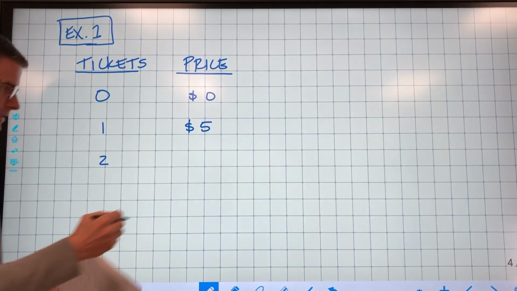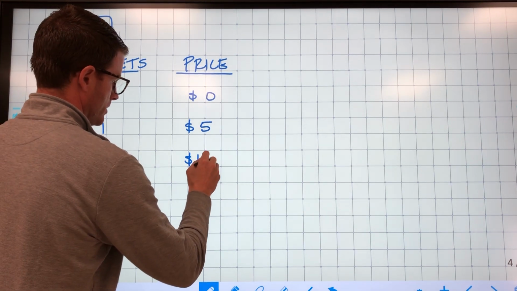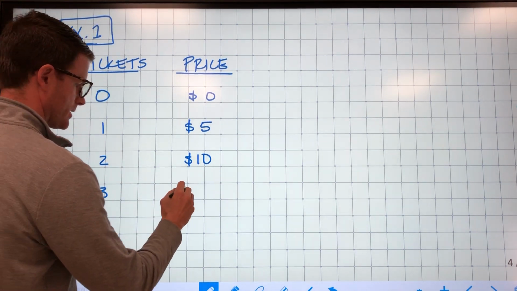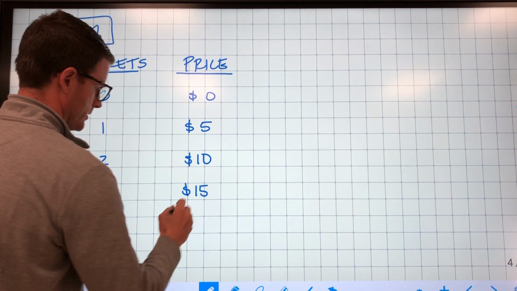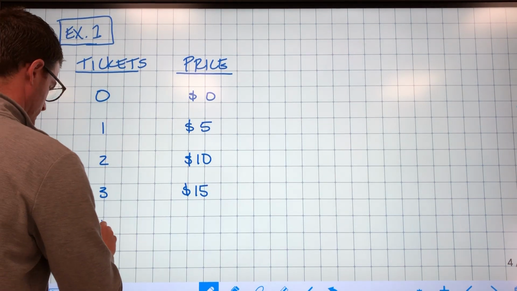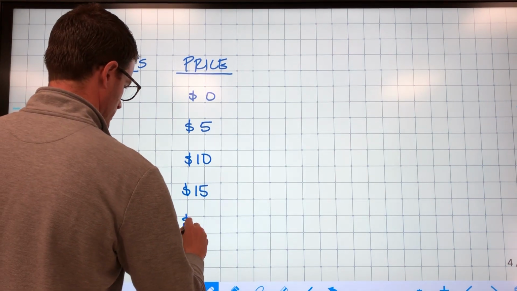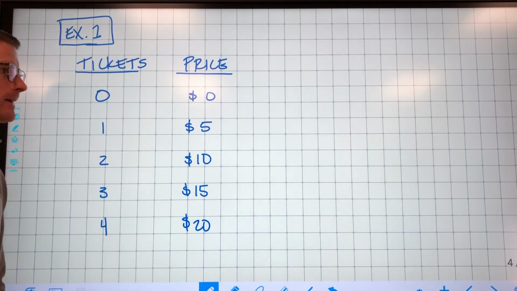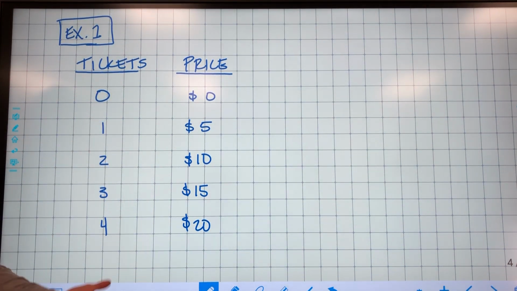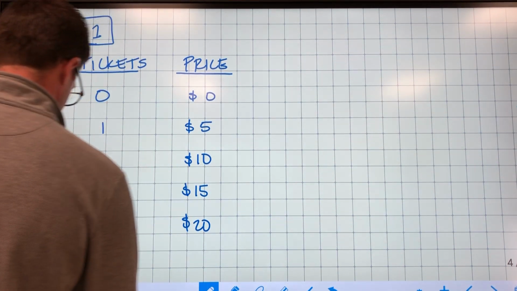2 tickets is going to cost me $10. 3 tickets is going to cost me $15, and 4 tickets is going to cost me $20. All right, so here is a table, an input-output table. Let's go ahead and just graph it real quick.